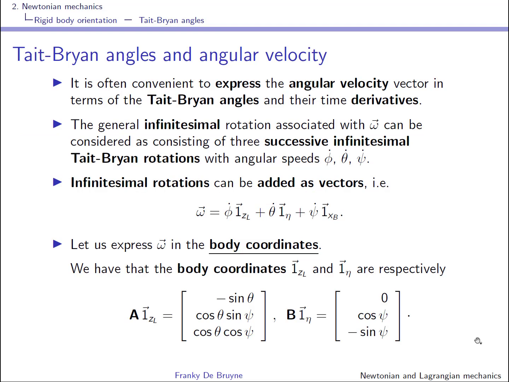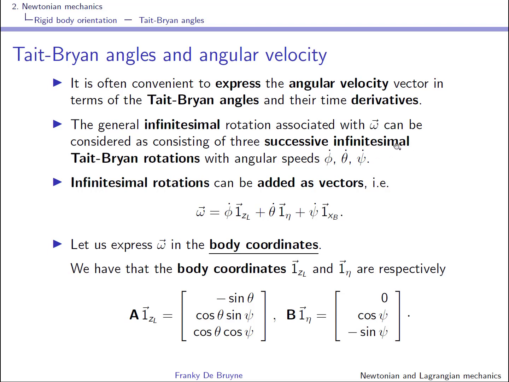Okay, to explain this slide I will have to go forward and backward in the slide, so my apologies for that. The idea here is that I want to express the angular velocity vector omega in terms of the derivatives of the Tait-Bryan angles. I have velocities here, or speeds, so I need derivatives of the Tait-Bryan angles. We know that we go from local frame to body frame through 3 successive Tait-Bryan rotations, and we'll assume that these rotations are infinitesimal.